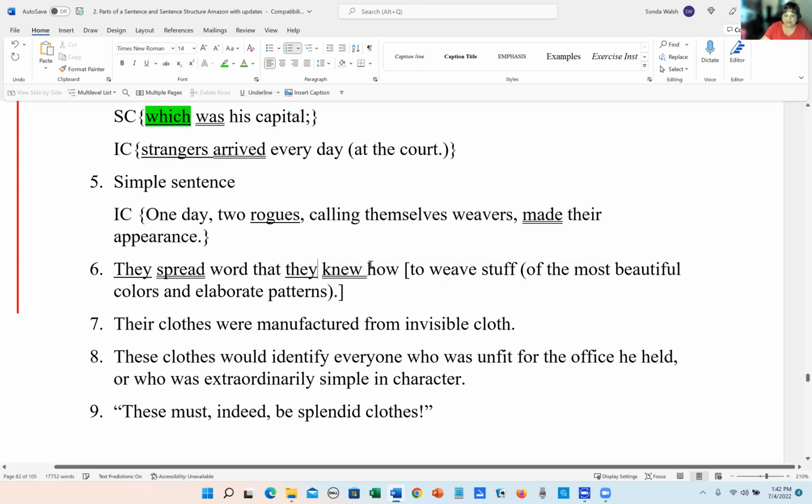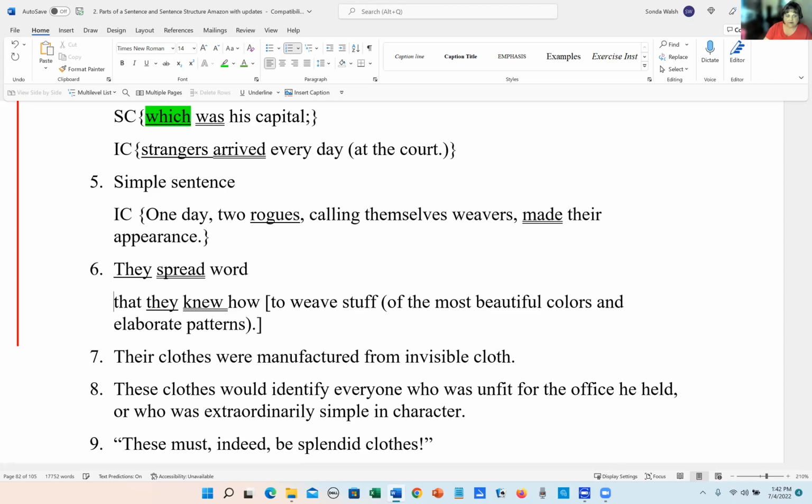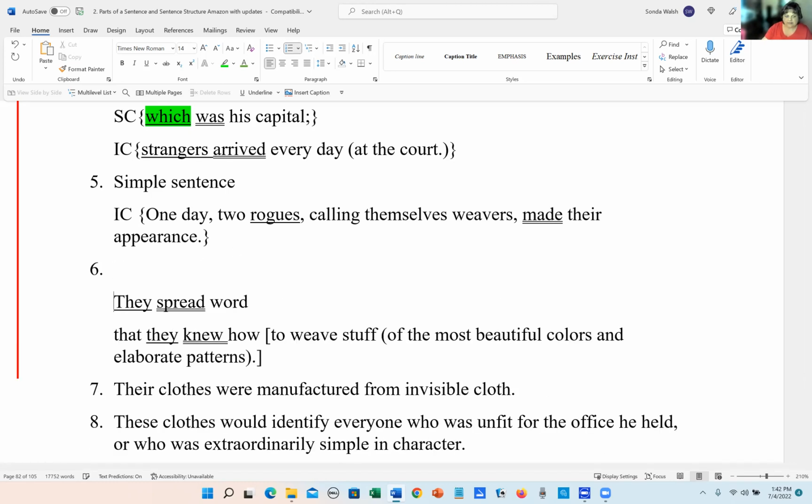Okay, so now we don't have any more subjects and verbs. So I'm going to break this at "they spread word," because I know "word" is the object of the word "spread," and I'm going to divide it right there. All right, "they spread word" is one clause. I'm going to put brackets around that.